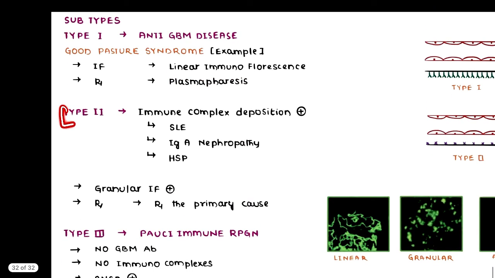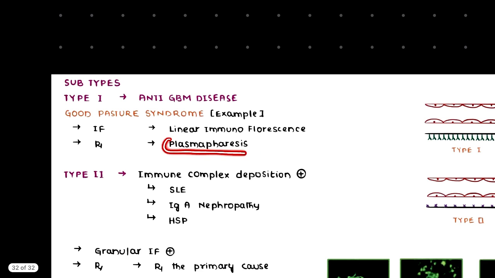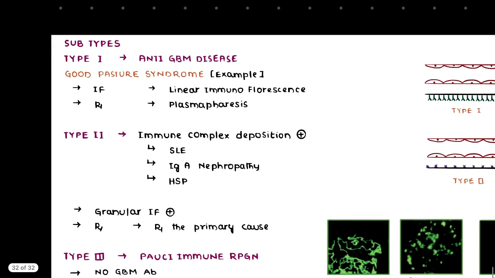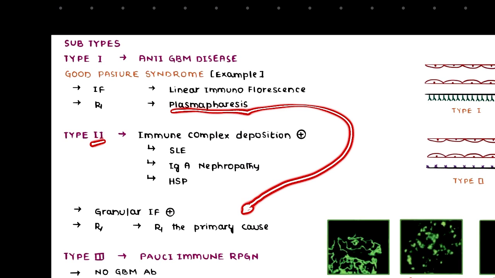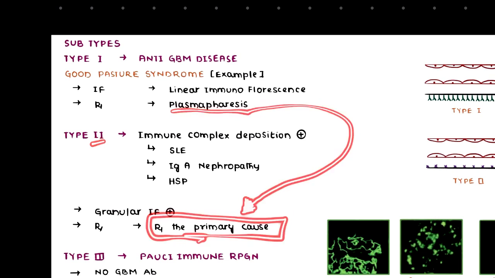Now talking about type 2, it is the condition in which there will be immune complex deposition. As we said, plasmapheresis was a possible treatment for type 1 because of the presence of antibody. But while treating type 2, plasmapheresis will not help, because here we need to treat the primary cause which is causing the manifestation of type 2.